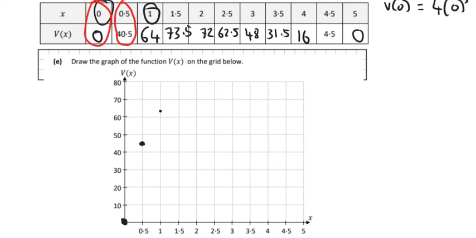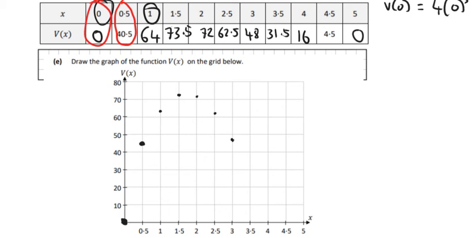So it'll be about there. 1.5 and 73.5. So it's there. So you have to just put it in as close as you can. So 2 and 72. So it'll be around there. 2.5 and 62.5. 3 and 48.